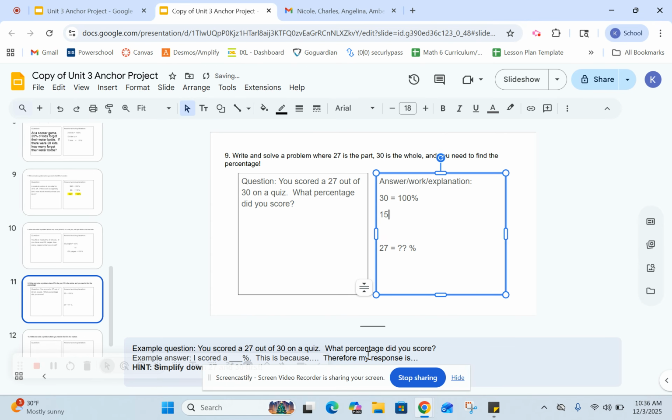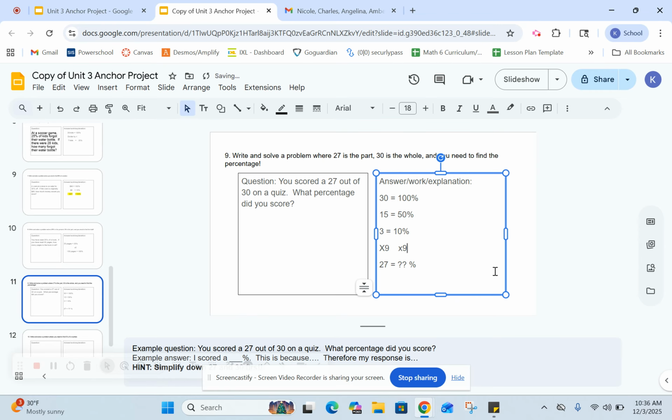I know that 15 would be 50%, but that's not helpful because you can't go from 15 to 27. Let's try another benchmark. 3 would be 10% because if you divide by 10, and that actually is useful because if 3 is 10%, 3 times 9 gives us 27.